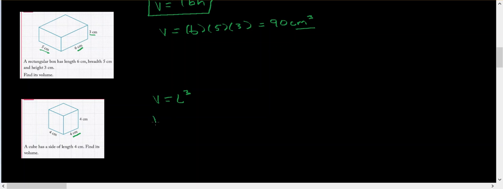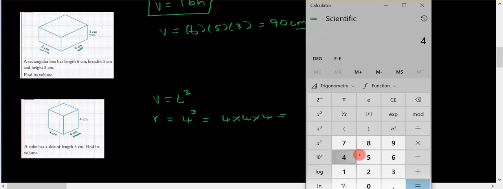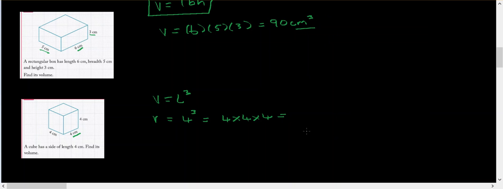So volume is equal to 4 to the power of 3, which is 4 by 4 by 4. 4 by 4 is 16, and 16 by 4 is equal to 64 centimeters cubed.